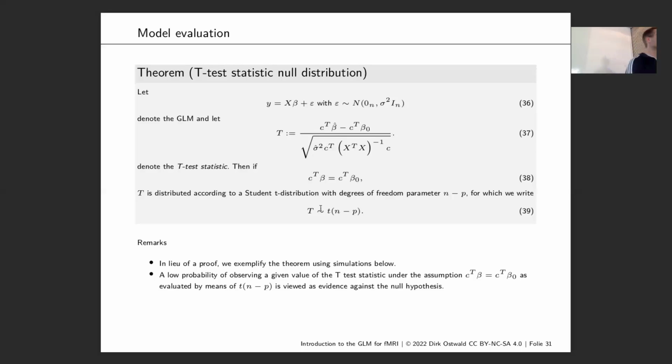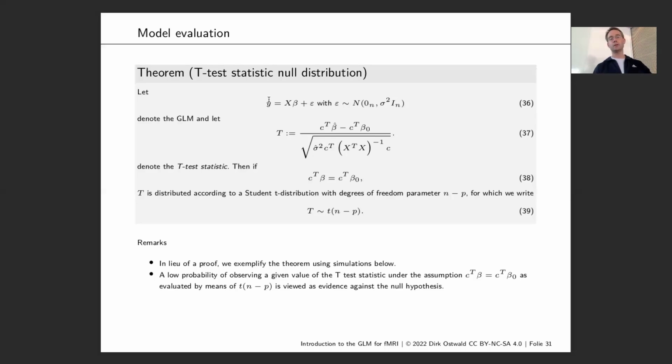Why is it t distributed? Well, one can justify that fairly simply. I didn't include this here; you find it in the script. If one has already established the T statistic in general, and if one went from normally distributed data to Z-distributed data, chi-square distributed variance, and the ratio of that, so there is quite a lot of transforming probability densities in between this multivariate Gaussian and this T distribution, but it's an analytical result.